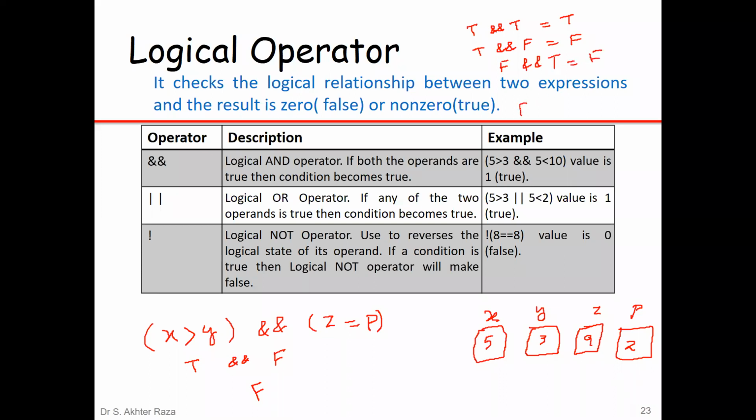And false and false is false. So and will do, if both are true, then overall is true. Otherwise, overall is false.